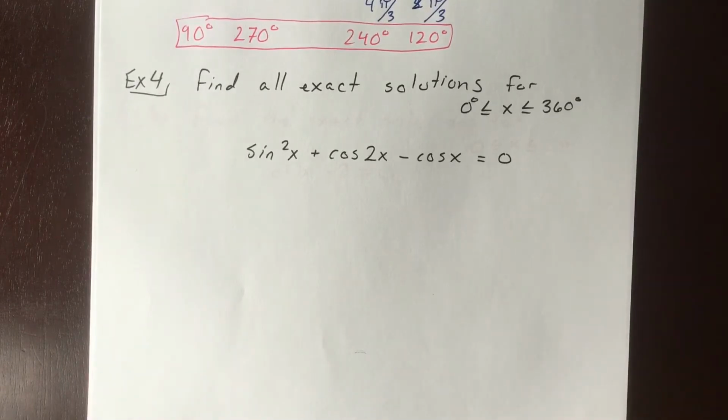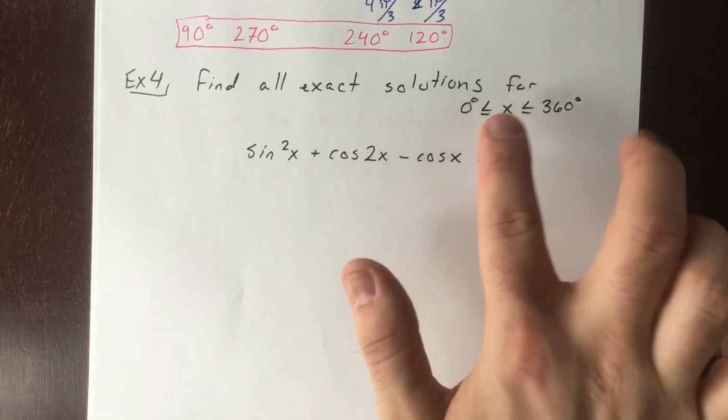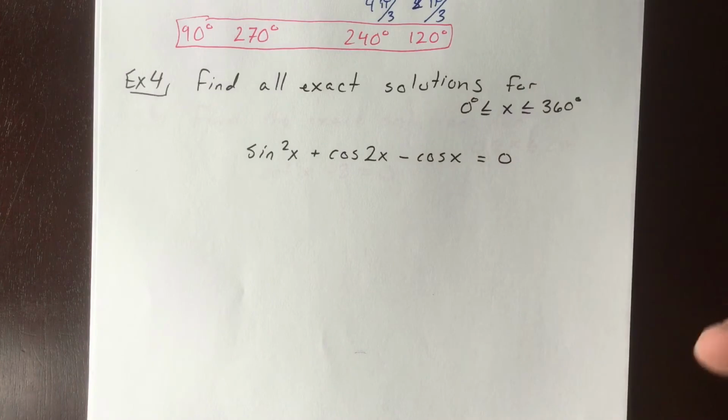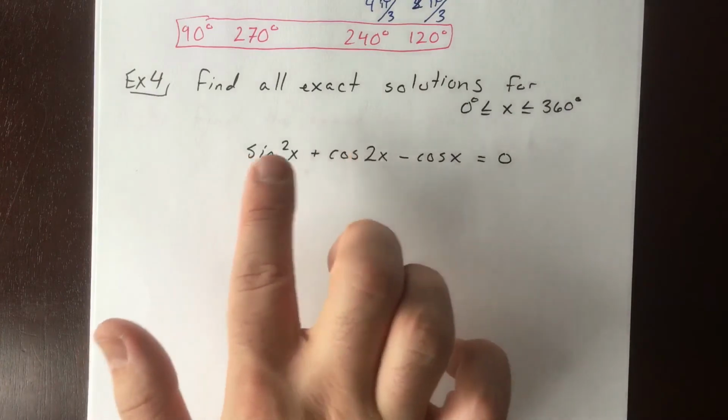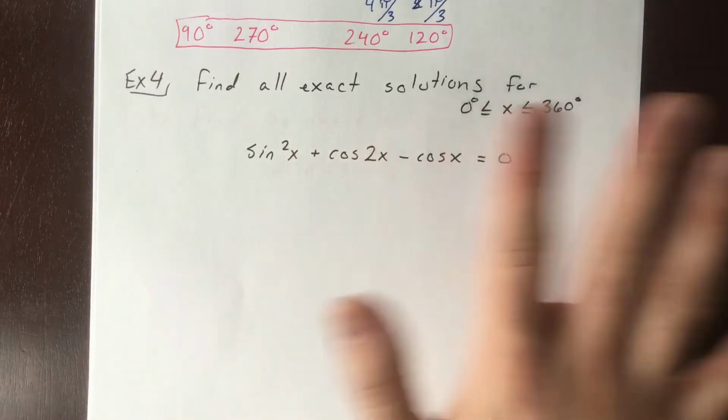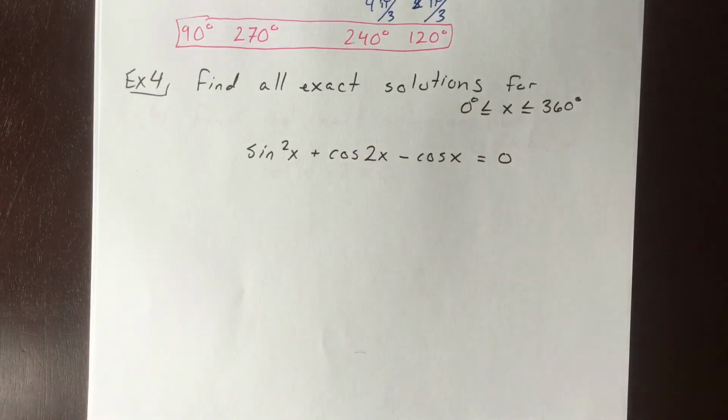Find all exact solutions for, again, we are between 0 and 360. We have to recognize that. Well, take a moment and think, what is different? What should strike you first is we have sines and cosines mixed together, and we have a double angle involved.